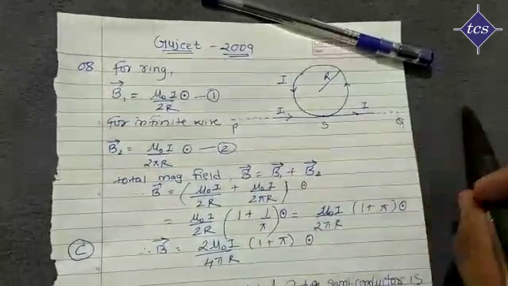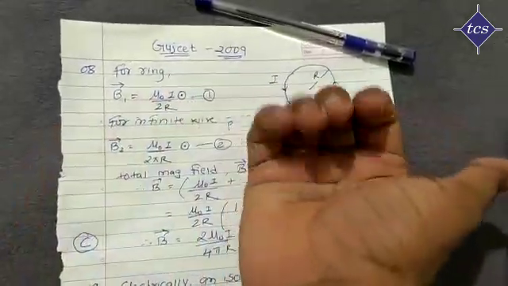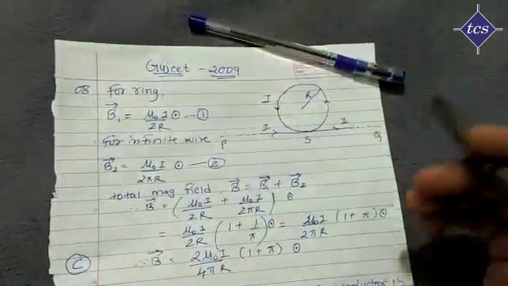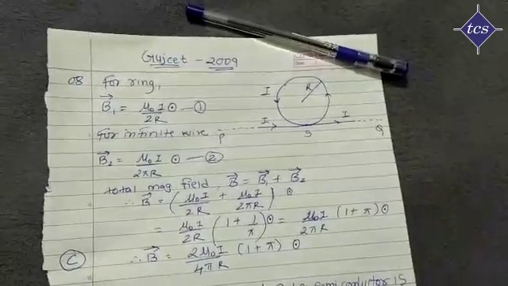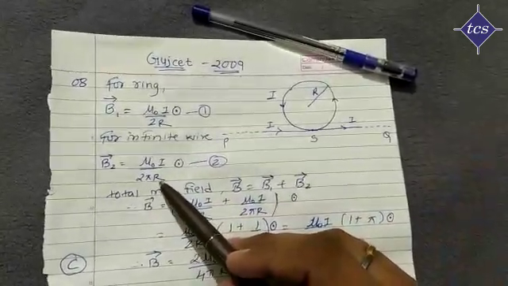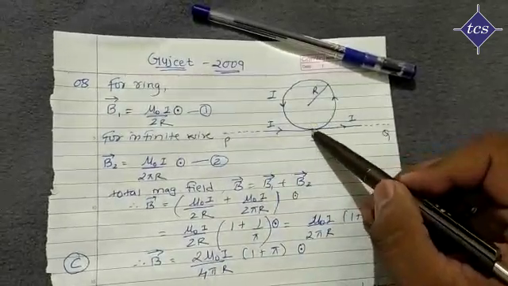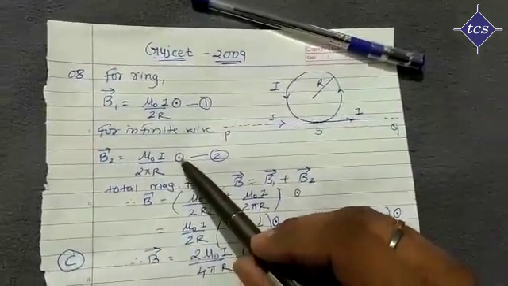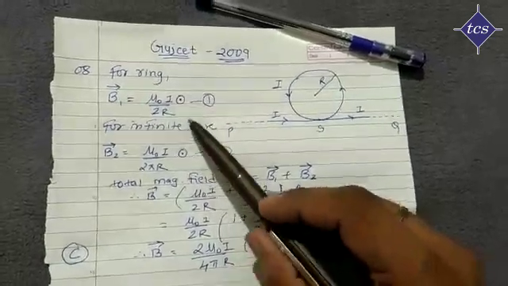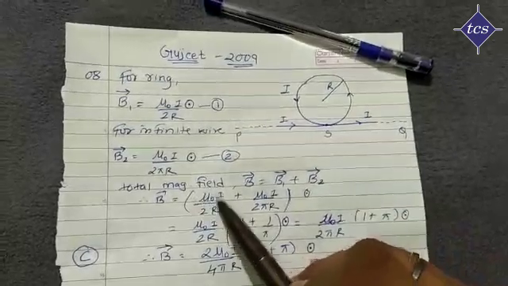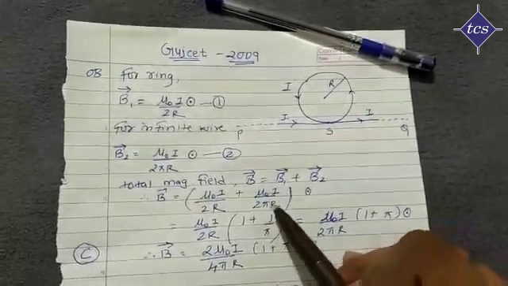For the infinite wire, as the current is going in this direction, the magnetic field above the point P will also be coming radially outward, and the magnetic field due to the infinite wire is given as mu 0 I upon 2 pi y, where y is the perpendicular distance, that is the radius of the ring, r. Again the magnetic field will be radially outward. As both the magnetic fields are in the same direction, the total magnetic field will be mu 0 I upon 2r plus mu 0 I upon 2 pi r.